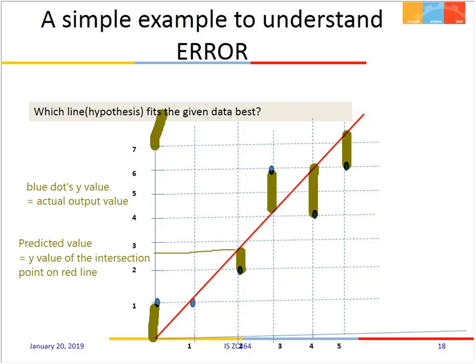So you can see this difference, the difference between the actual output value and the predicted value. You can see that there are certain lines where the difference between actual output and predicted value is positive, and somewhere it is negative.